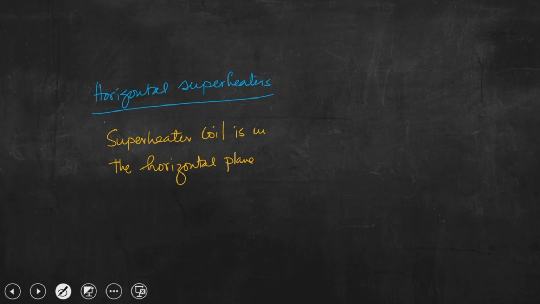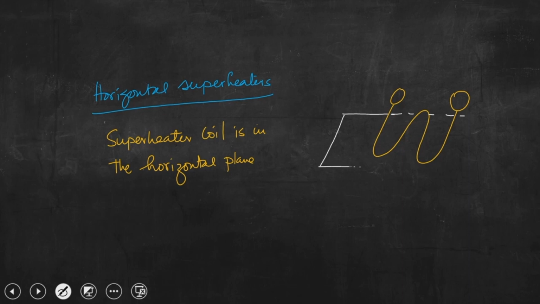Okay, so let us draw the schematic. This is the horizontal plane and the superheater is placed.